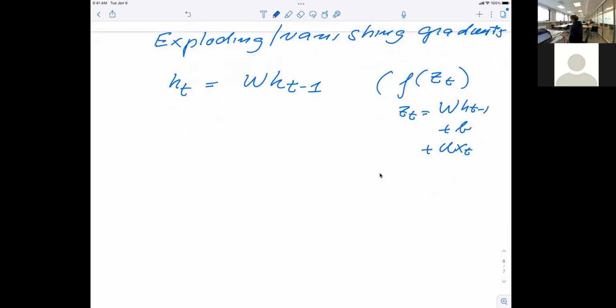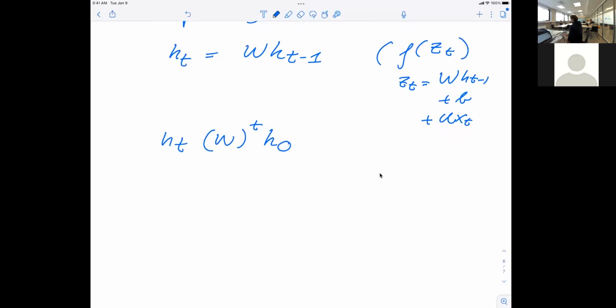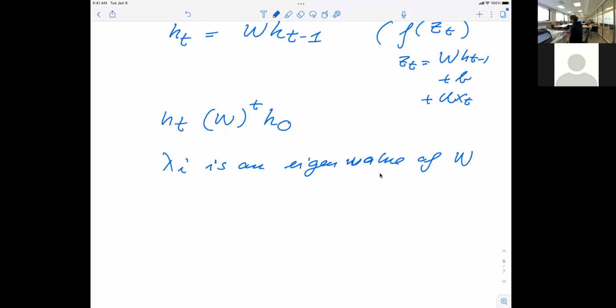So that means that if we look at this h of t, after t time steps, this will be given by the application of this weight matrix, which we now assume is the same throughout the network, multiplied with the initial output from the hidden layer, h0. Now, if we can find the eigenvalues, assume that lambda i is an eigenvalue of this matrix W. Then we could expand this h0 in terms of the eigenvectors.